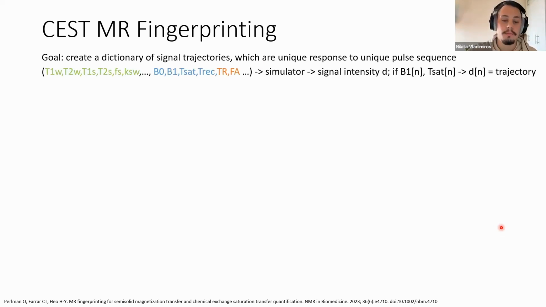So we can put in some tissue parameters like T1 of the water, T2 of the water, T1 of the solute, etc. We can put in parameters of our saturation pulse sequence, like power B1 of saturation, time of recovery. We can put some parameters of readout into the simulator.